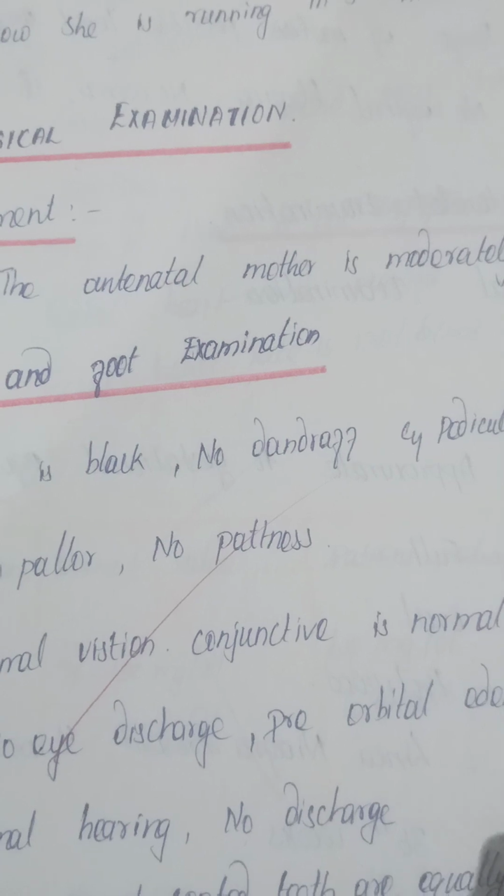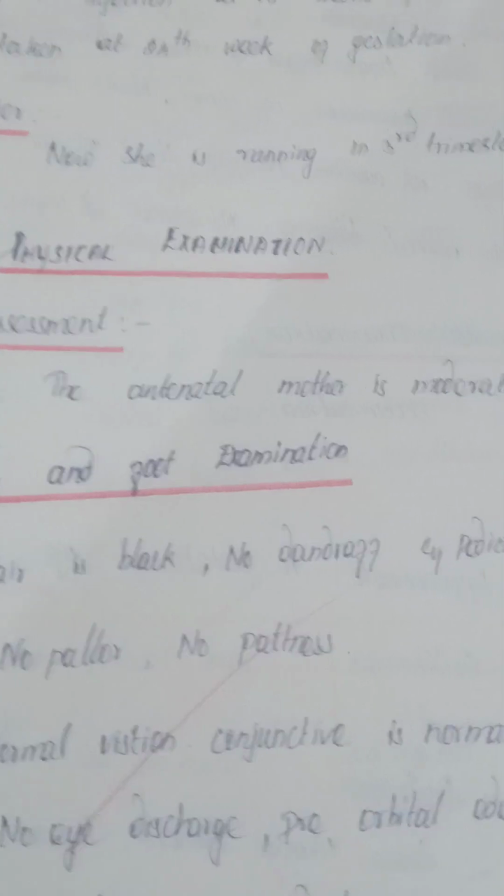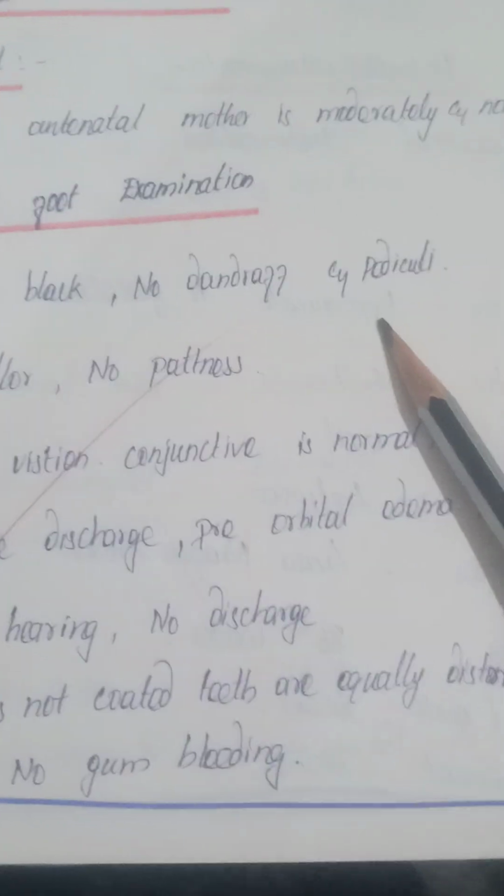Then physical examination, general assessment. The antenatal mother is moderately nourished. Head to foot examination. Head, hair is black, no dandruff, like this you should write. And face, no pallor, no puffiness.